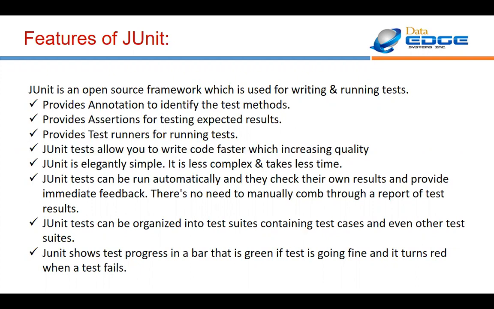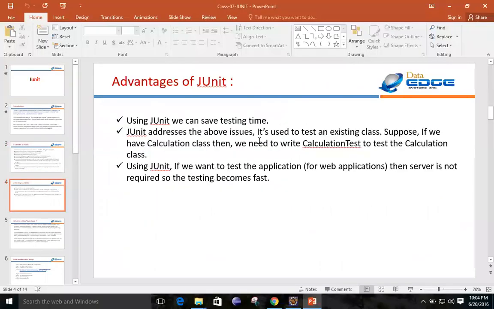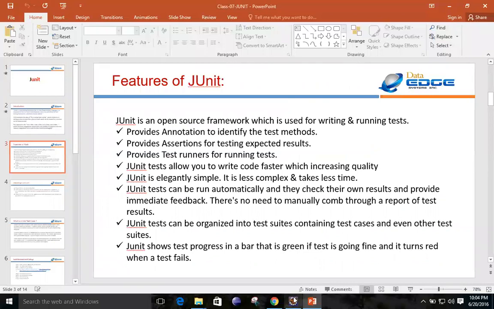By making use of annotations, you have to write very little code, because some code is already written into the annotations. And here you can see, if you write JUnit, it will be exactly like Java code, only a few changes you have to make. What changes you have to make, we will see over here. So before moving further, we will see some examples, then we will focus on the remaining things.